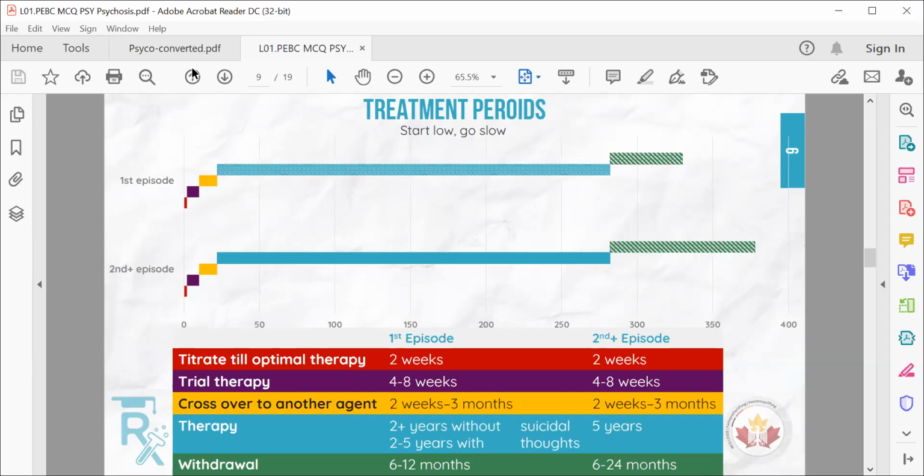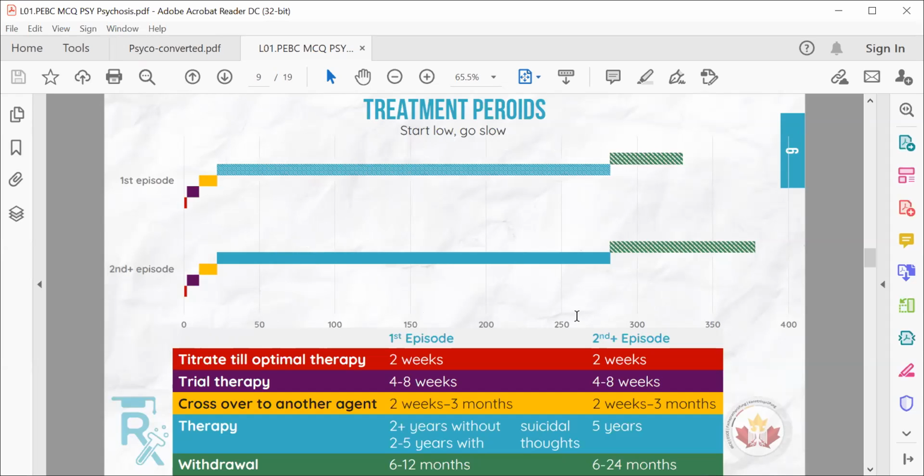So in that case, I will gradually decrease Olanzapine while starting and increasing Quetiapine.